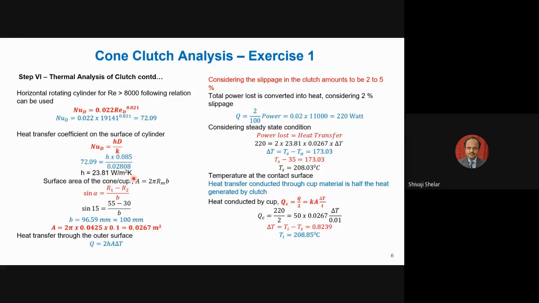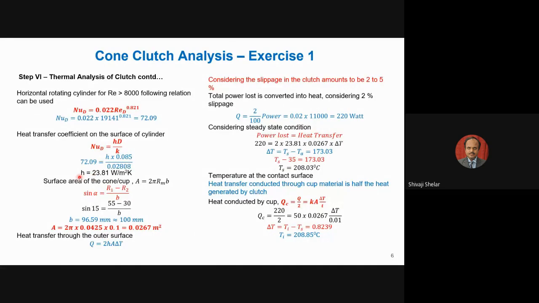Let me tell you, the heat transfer coefficient is never constant. It is a parametric function for a given situation, for a given geometry, having similar outside conditions. If you change the speed of your shaft, then the heat transfer coefficient will also change.